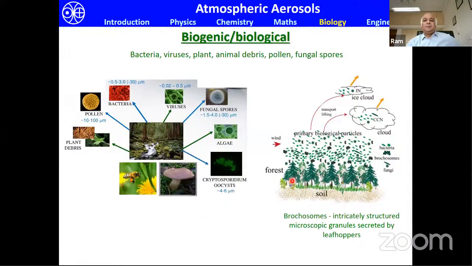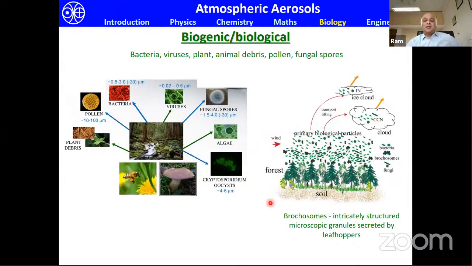So typically the forest regions and the soils emit a large amount of these biological particles, which also play a role in the cloud condensation nuclei process that we talked about earlier. And then they also get transported across depending on the wind speed, the conditions that are favorable, etc.